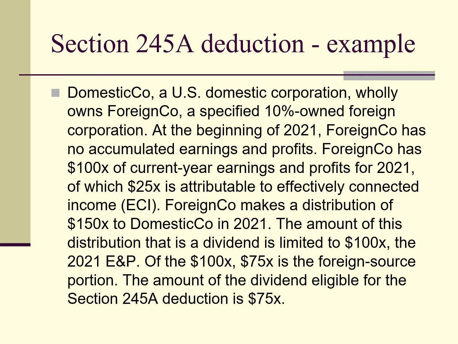Foreign Co. makes a distribution of 150x to Domestic Co. in 2021. The amount of this distribution that is a dividend is limited to 100x, the 2021 earnings and profits. Of the 100x, 75x is foreign source income. The amount of the dividend eligible for the 245A deduction is then 75x.